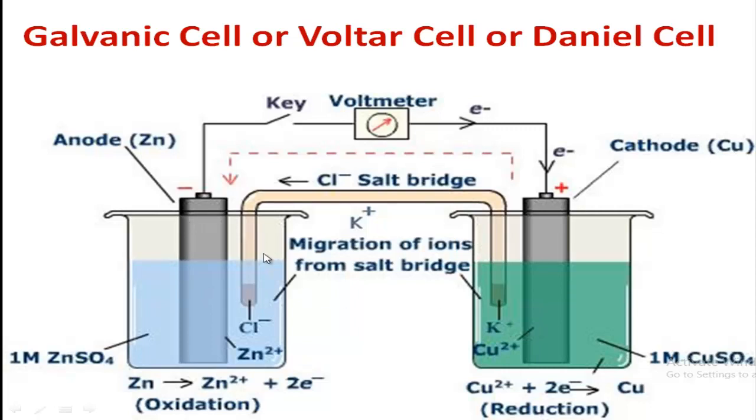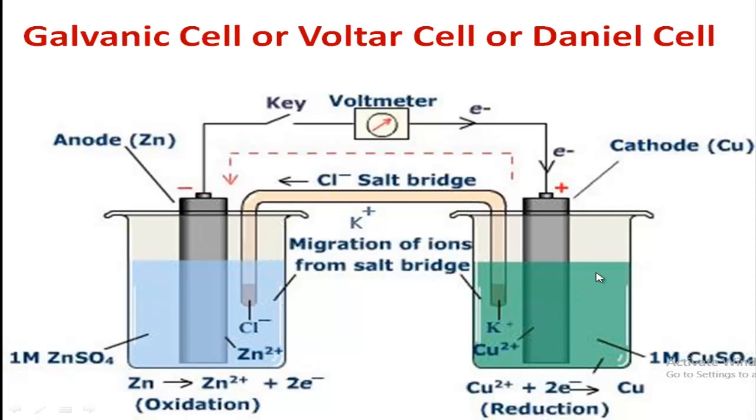Now, what is the anode here? Here the zinc plate immersed in zinc sulfate solution, this total package acts as the anode, and here the copper immersed in copper sulfate solution, this total package acts as the cathode.